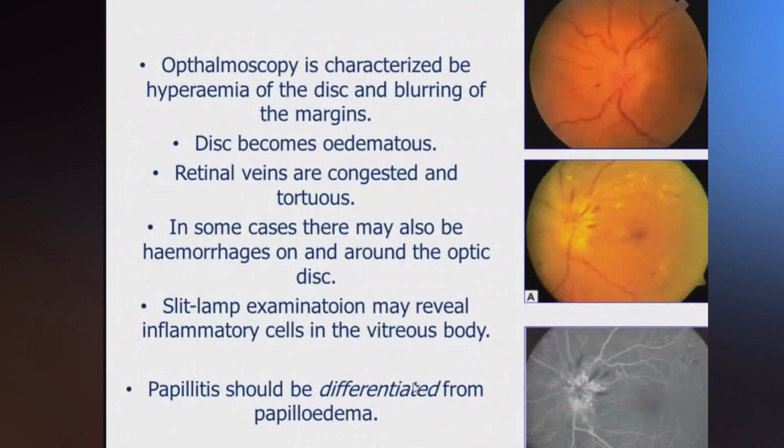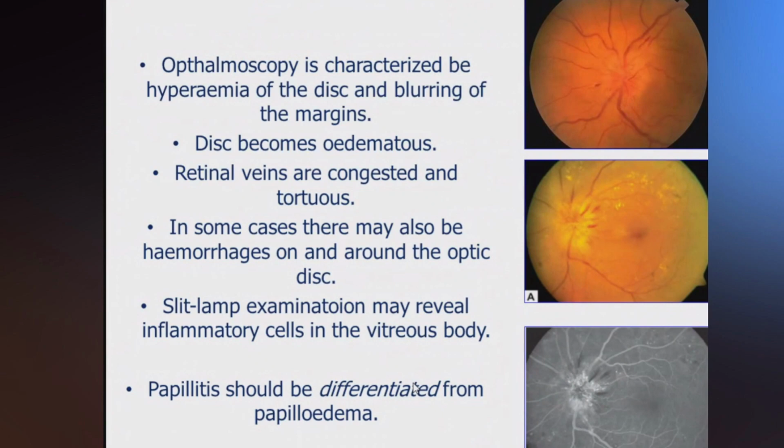When we make ophthalmoscopy, we can see a hyperemia of the disc and blurring of the margins of the optic disc, of the borders of the optic disc.